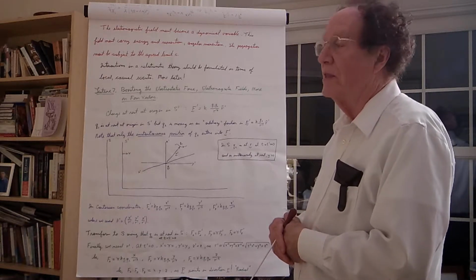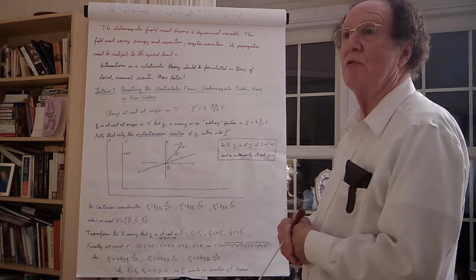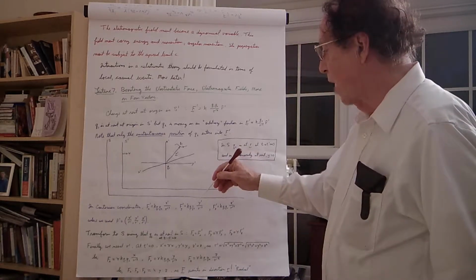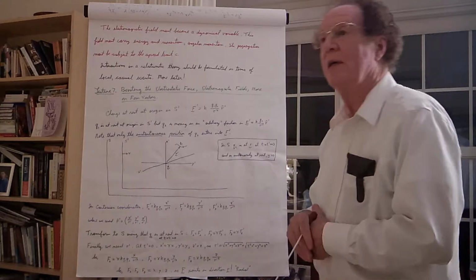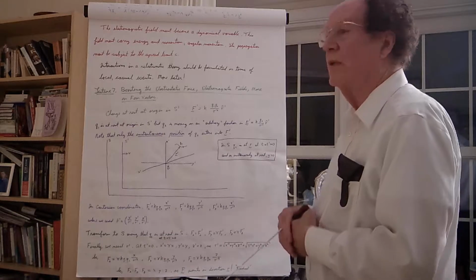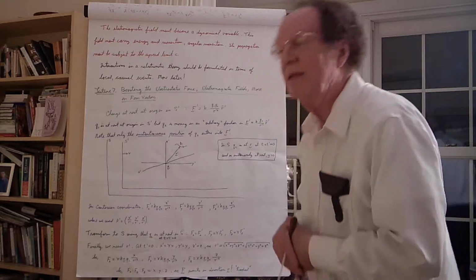The origins coincide at that moment, and the Lorentz transformations simplify appropriately. I find that x prime is equal to gamma times x. Well, that's just Lorentz contraction. x is equal to x prime over gamma, right?